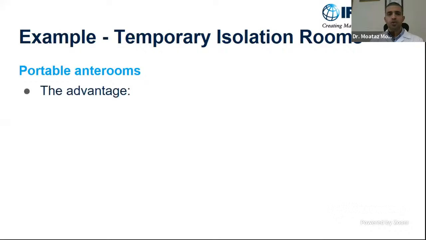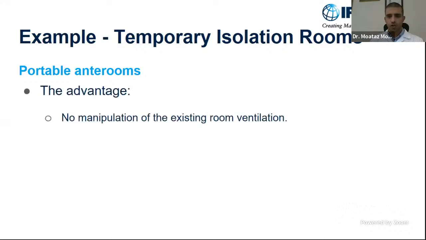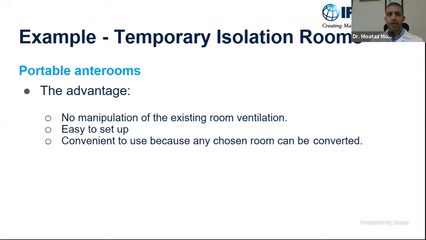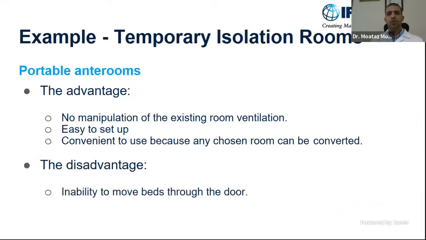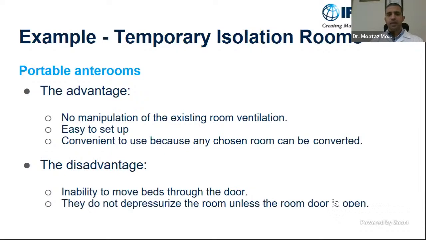The portable anti-rooms have many advantages, including they require no manipulation of the existing room ventilation, making it easier to set up, and it's convenient because any selected room can be converted into an isolation room using these portable anti-rooms. It has some disadvantages as well, because you will be unable to move the beds through the door, and they do not depressurize the room unless the room door is open.